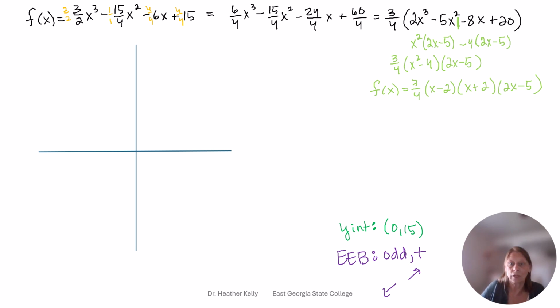And then let's find our x-intercepts here. We have 2 and 0, negative 2 and 0, and ironically again, and this time it's positive 5/2 and 0. So let's graph this. This is our last one.